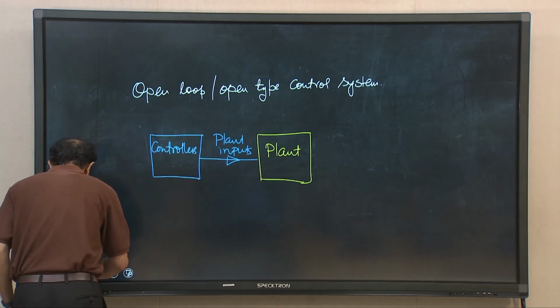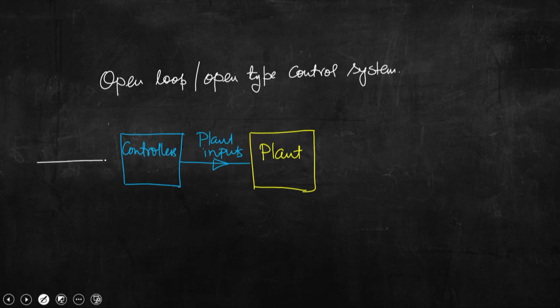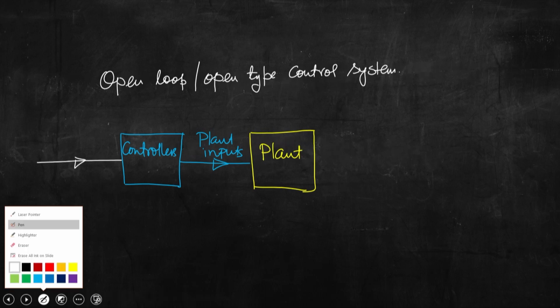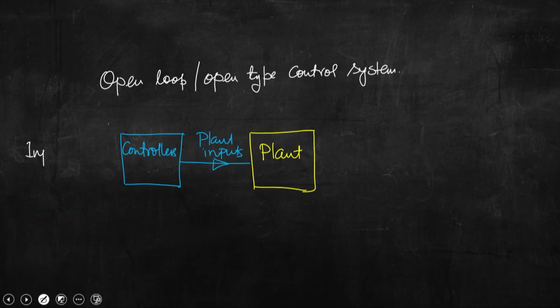So, controllers will receive some inputs, and based on these inputs the controllers will give some inputs to the plant, and then we will be getting the output, or rather the system output.